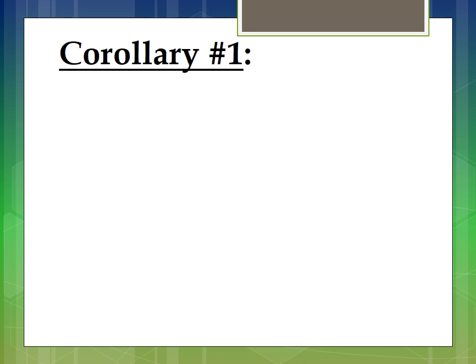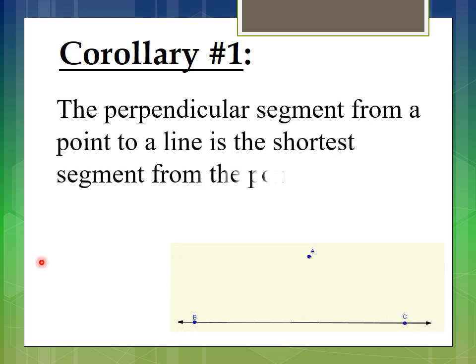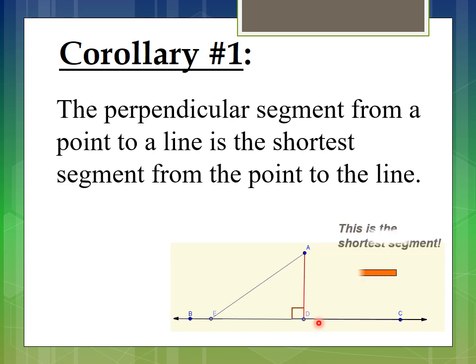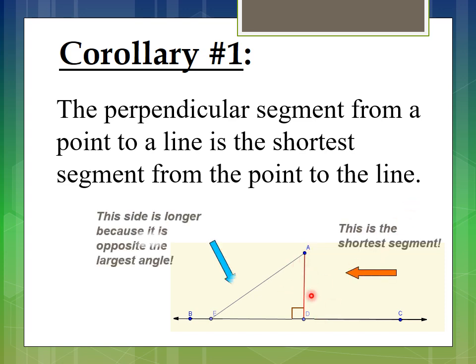Now, let's look at Corollary 1. It says that the perpendicular segment from a point to a line is the shortest segment from the point to the line. Here, this is the shortest segment, and this side is longer because it is opposite the largest angle.